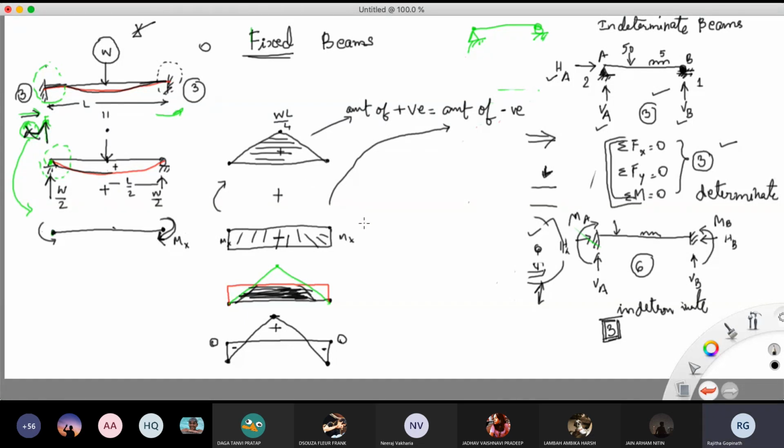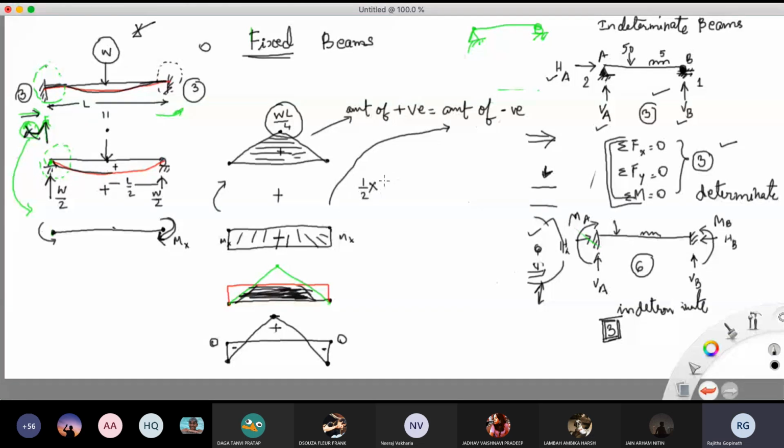So we know that for a simply supported beam, this is the maximum bending moment at the center. अगर इसका area निकाला तो it will give me the total quantity of the sagging moment. So that is equal to 1/2, area of triangle, right?